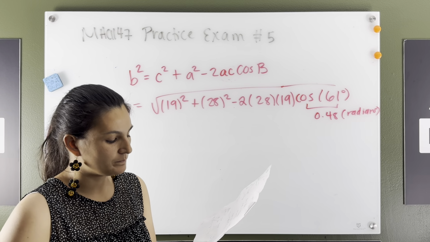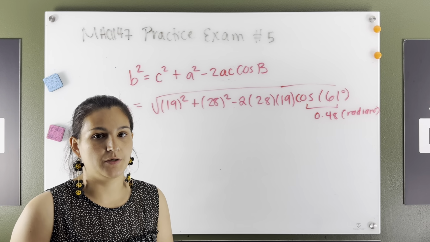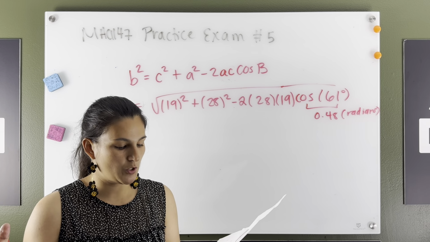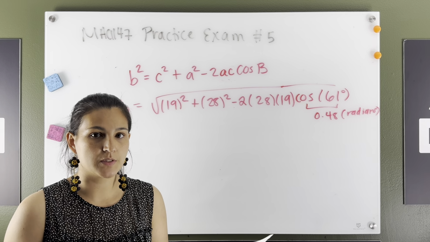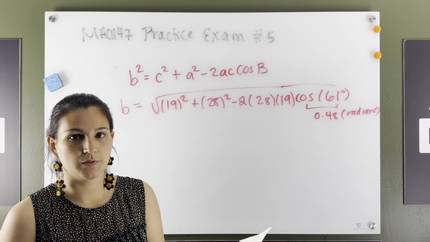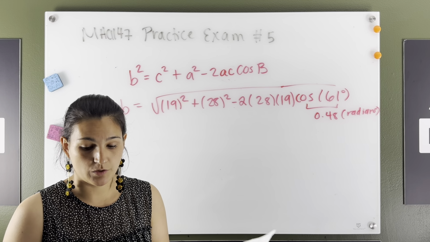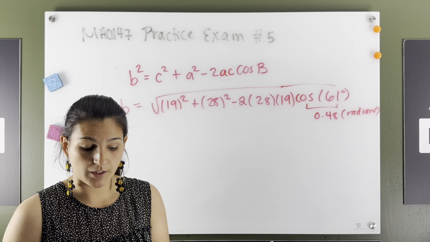I also noticed in the calculator, if you just leave the entire long number, you actually get a more precise answer. So it's up to you if you want to round to the hundreds place as soon as you plug in cosine of 61, which is what I usually do, or you just plug it in, get the cosine of 61, which is going to be 0.4 and a bunch of numbers.